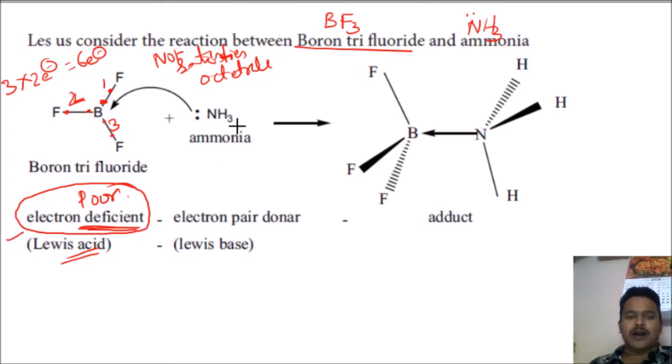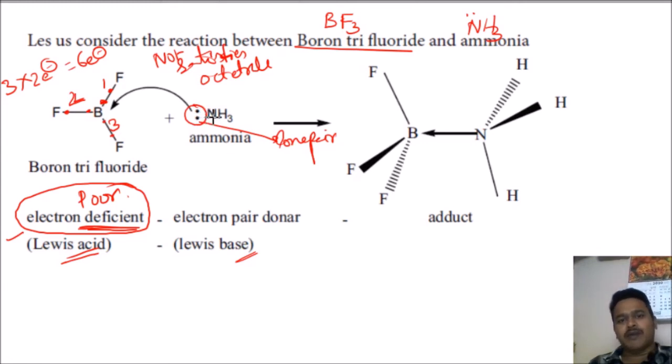Here ammonia has 2 electrons. This is called the lone pair of ammonia. This can be given by ammonia to BF3. So it is donating, so it is a Lewis base. Both electrons are transferring from ammonia's nitrogen to the boron in BF3. So whatever bond is formed, this bond is called which bond?